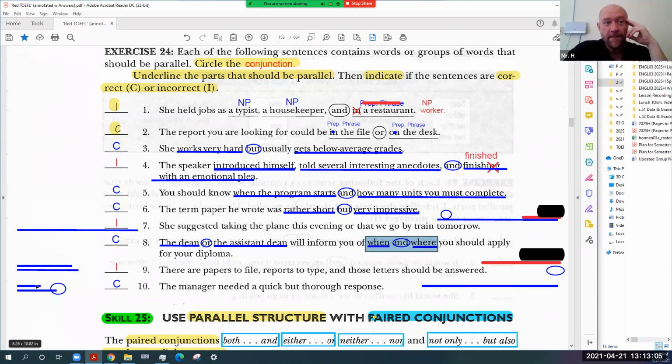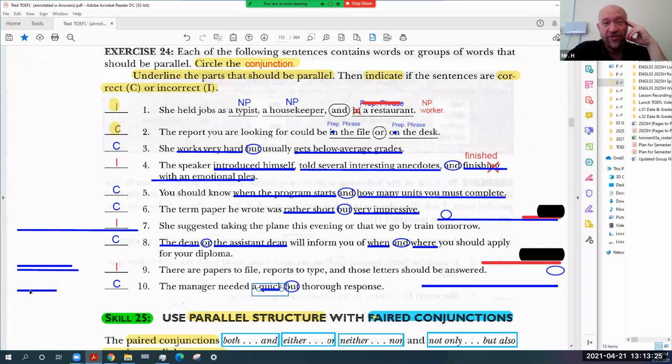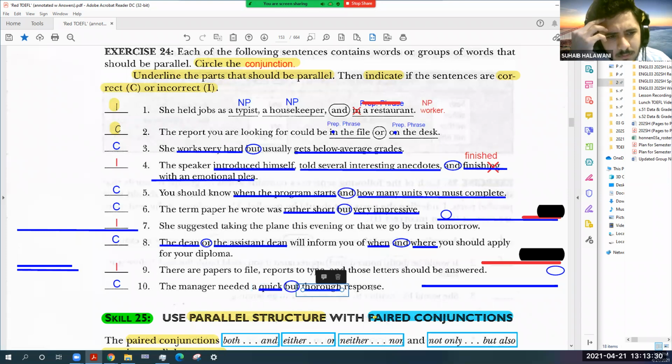Suhaib? Find the conjunction. But. And then the first structure: quick and thorough. That's right. Do you know the word thorough? Many of you, if you don't remember the spelling, will think it's something else.